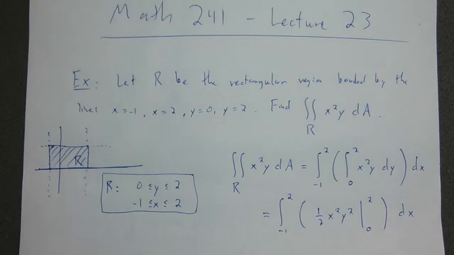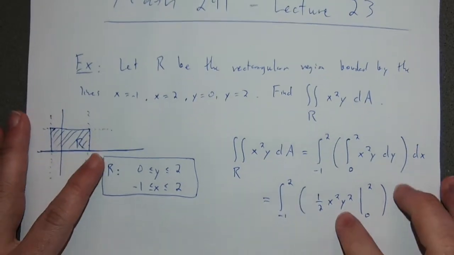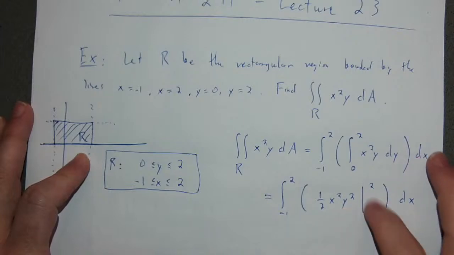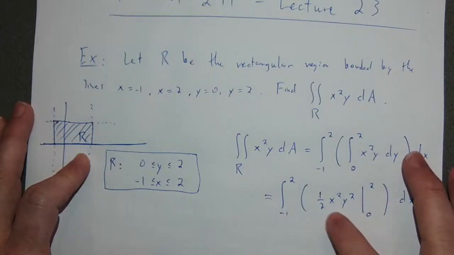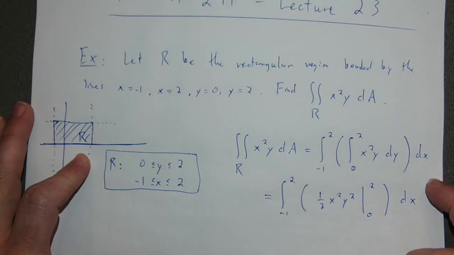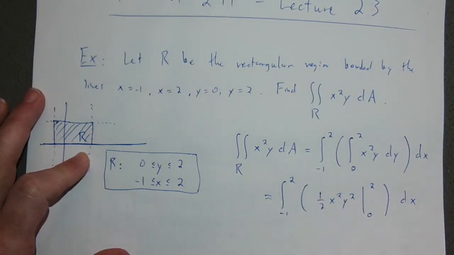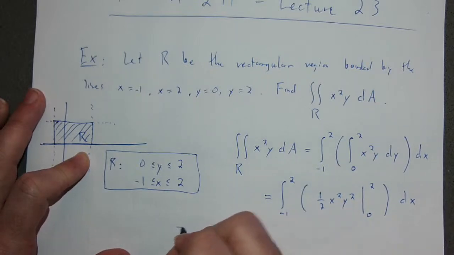So now I have an expression in both x and y, and I'm evaluating that in y from 0 to 2. Okay, so I'm going to write all of this stuff out. As you get a lot of practice with this, you'll look at terms where plugging in 0 clearly gives 0, but I'm going to write all this out anyway.